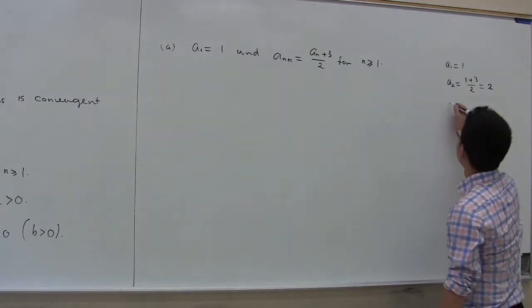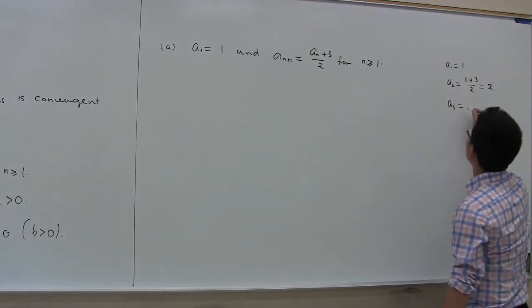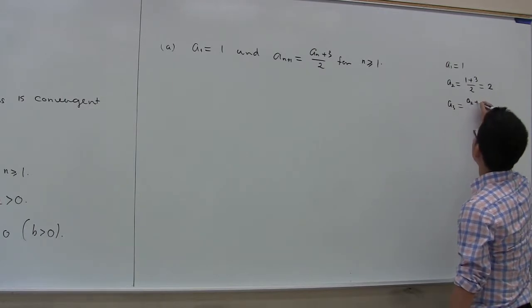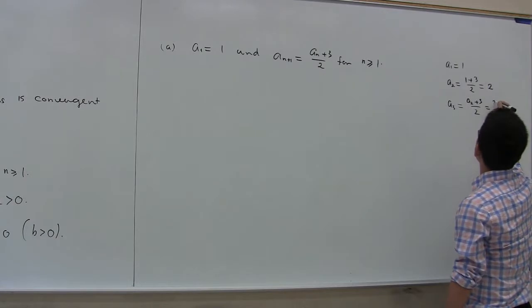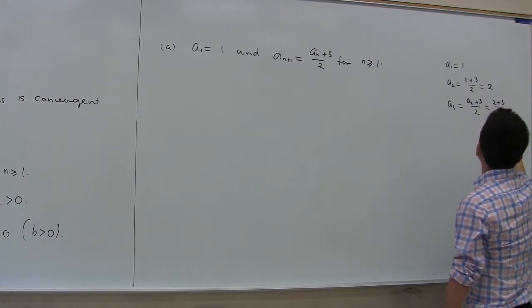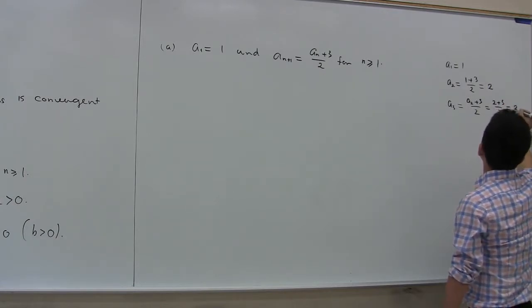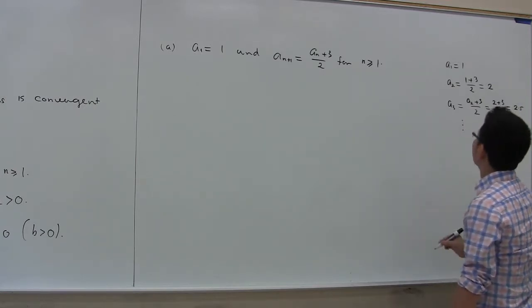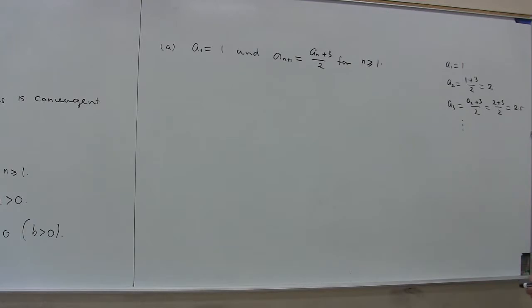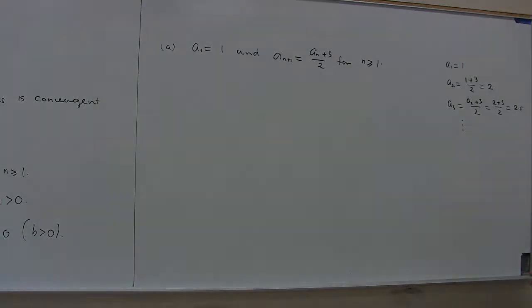What is a3? a3 is equal to (a2 + 3)/2, so this is (2 + 3)/2, which is equal to 2.5. Similarly, we can find other elements of this sequence.